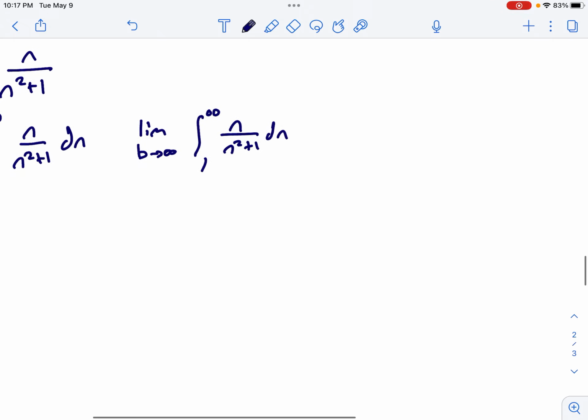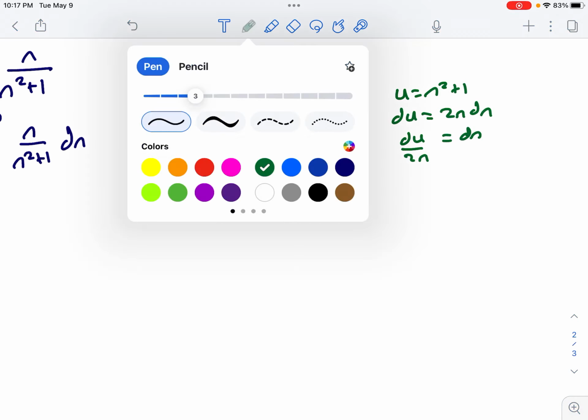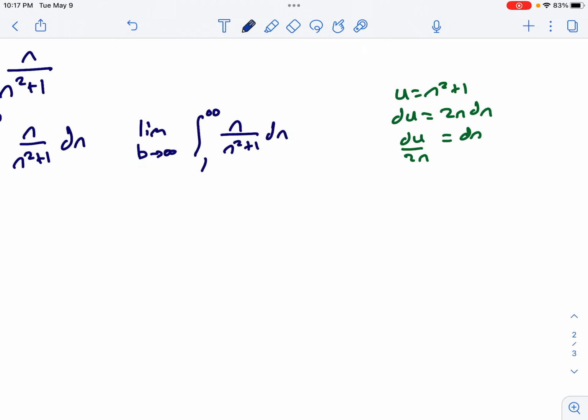So here we go. How are we going to integrate this? Well, it looks like we need a little bit of u substitution. So I'm going to let u equal n squared plus 1. Du is going to equal 2n dn. To get dn by itself, I get du over 2n. So this integral becomes the limit as b goes to infinity of, I'm sorry, this should not say infinity on top, it should say 1 to b.